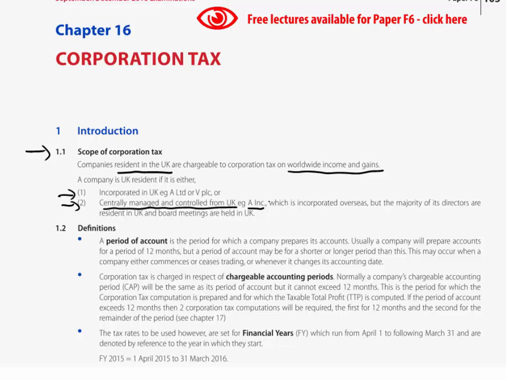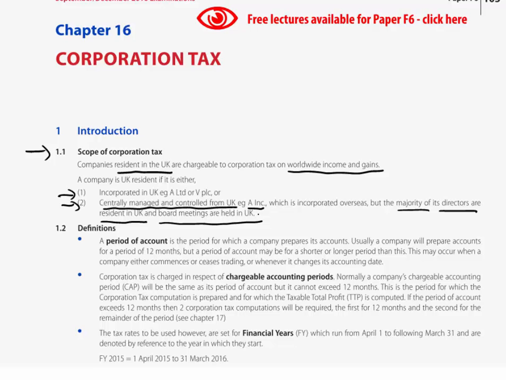However, it will still for UK corporate tax purposes be classified as UK resident and therefore be subject in full to UK corporate tax on its worldwide income and gains if it's centrally managed and controlled from the UK. What do we mean by that? What we're talking about here is who manages and controls a company, the directors. So if we see that the majority of its directors live in the UK and, for example, board meetings are held in the UK, then that's the sort of evidence that we're looking at.